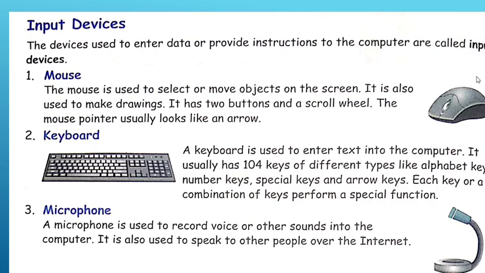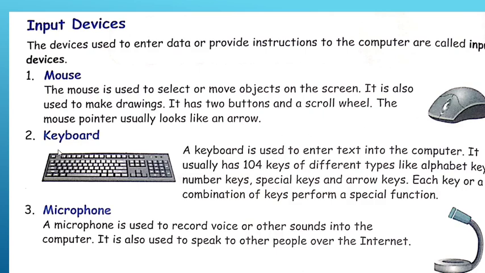So mouse is also known as pointing device. This mouse has two buttons, left button and right button, with a scroll wheel. Whenever you want to scroll your page up and down, you use this particular wheel. This is known as mouse wheel.